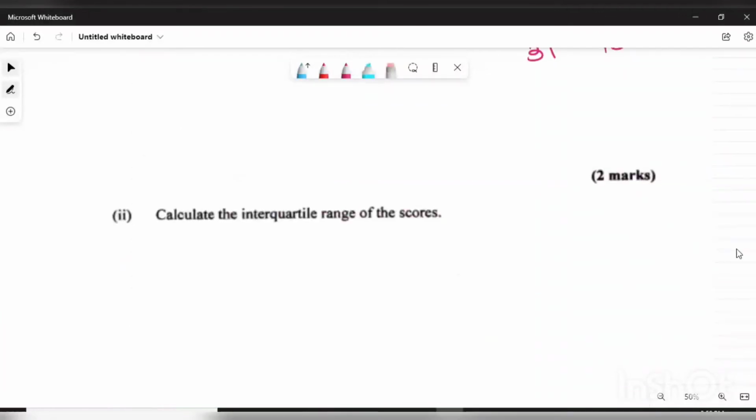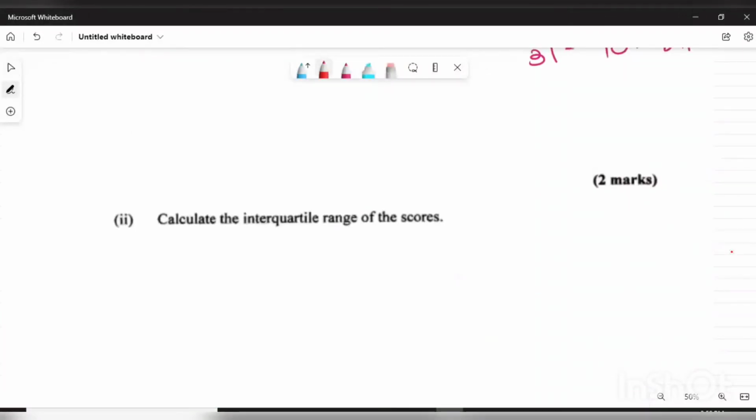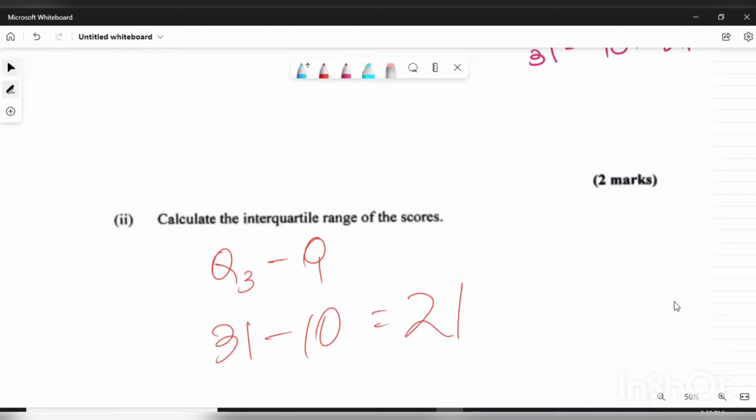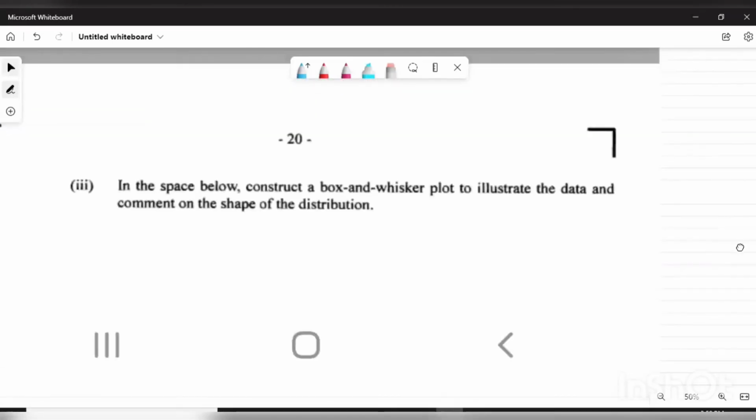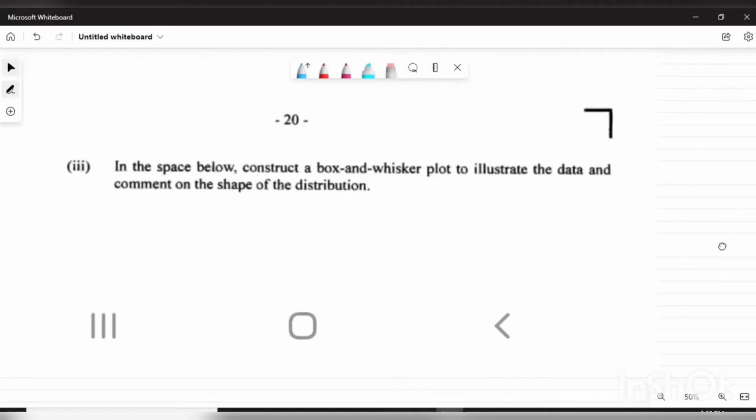Yes, sir. So that would have been the response we put here: interquartile range. In the space below, construct a box and whisker plot to illustrate the data and comment on the shape.